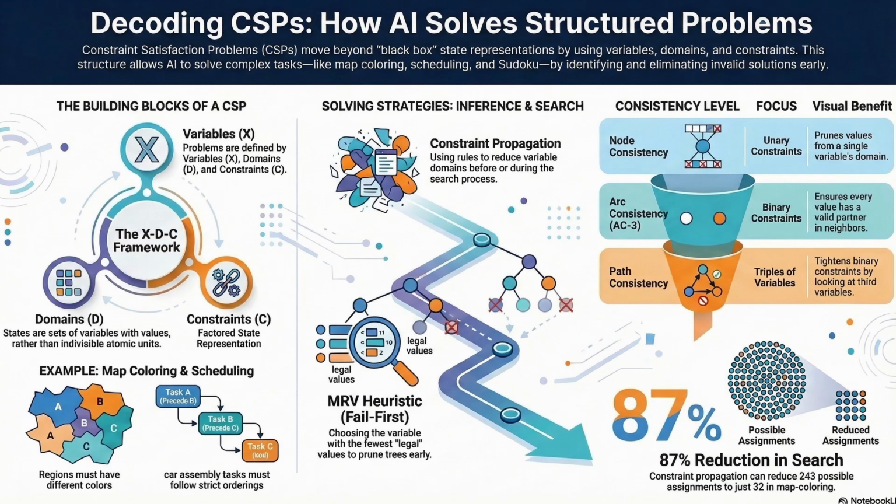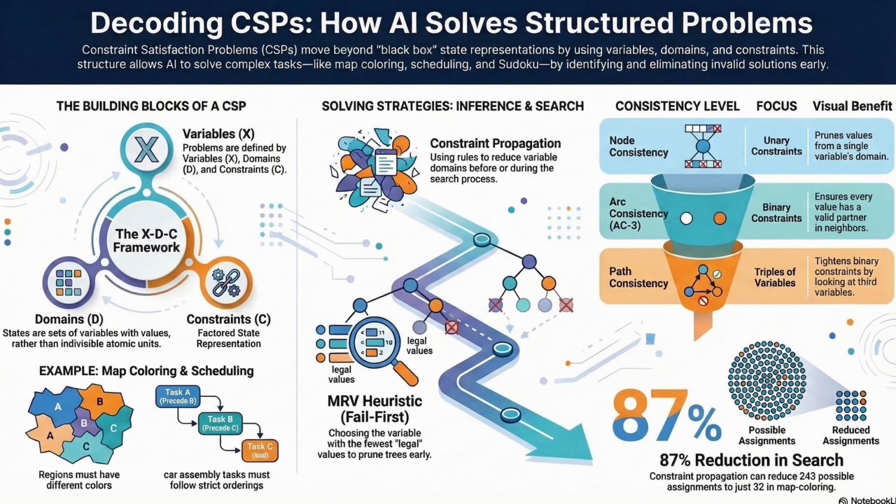Fascinating. So we've defined the machinery. We have our variables X, our values D, our constraints C. We have the graph. Now we need to talk about how to actually solve these things. You mentioned earlier that we don't just guess. We use inference. Yes. This is the superpower of CSPs. In a regular search, you just wander around trying paths. In CSPs, we can use constraint propagation. We can reduce the legal values before we even start searching.